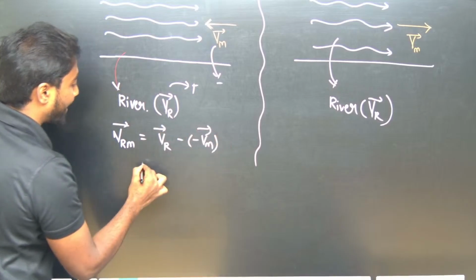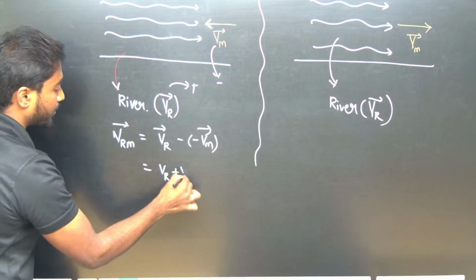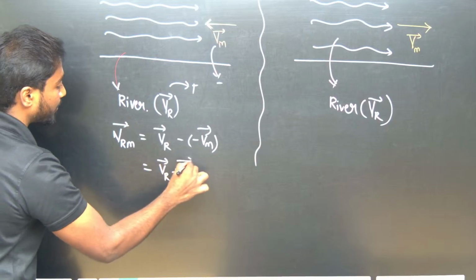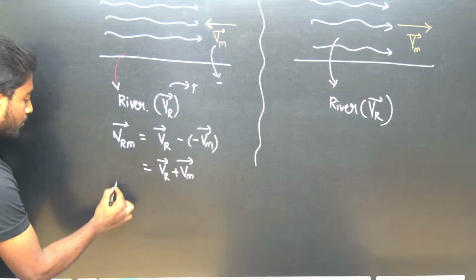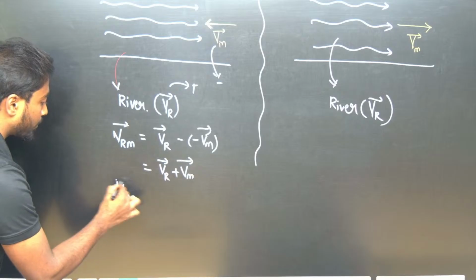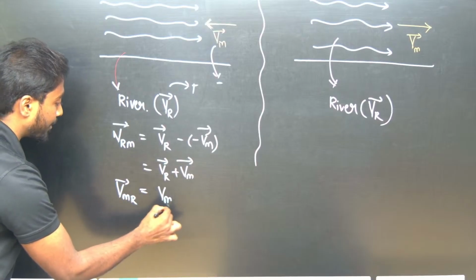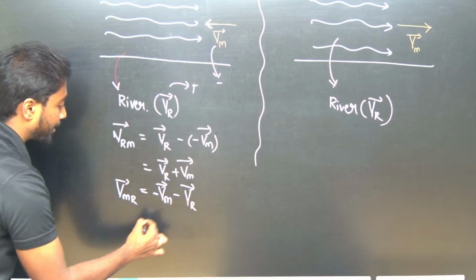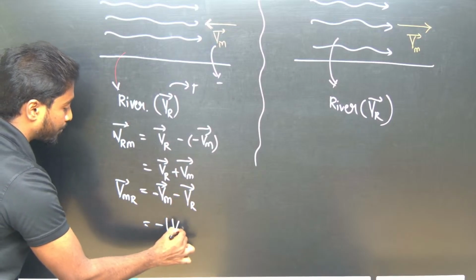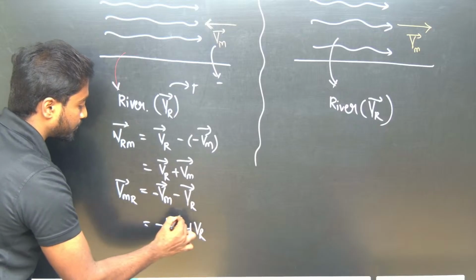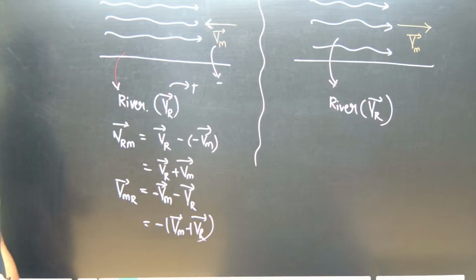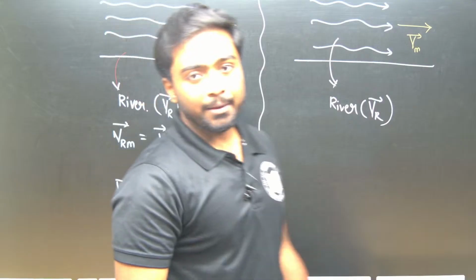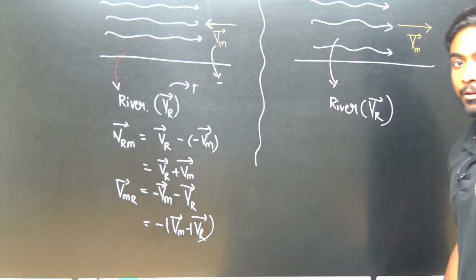So this is the answer: Vr plus Vm. Now velocity of man with respect to river is velocity of man which is negative minus velocity of river. So I can write it like this: minus of velocity of man plus velocity of river. This is the formula for the river and man problem in upstream.